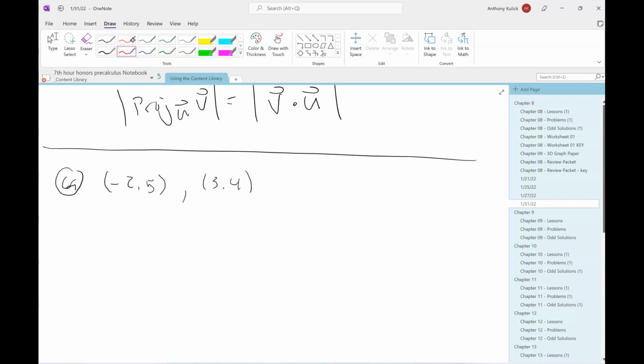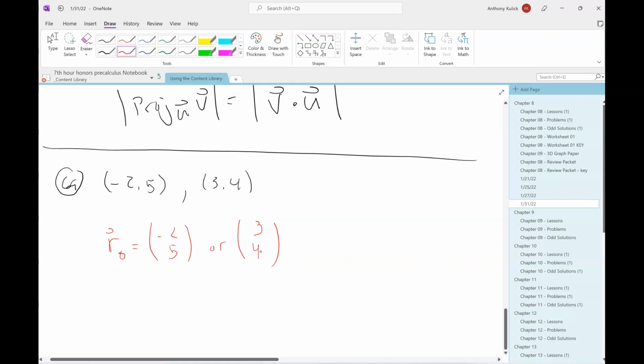So there's two things that I need to write my vector line equation. I need a point vector. So the obvious two point vectors to pick would be the ones that correspond to the points that I'm given. So it doesn't matter there. And then we need a direction vector, which I know is equivalent to the slope.